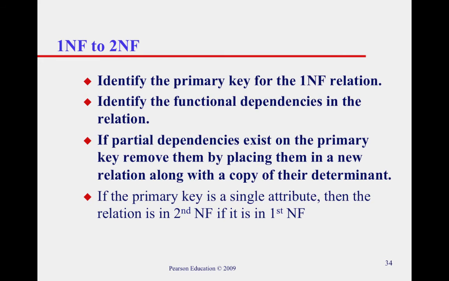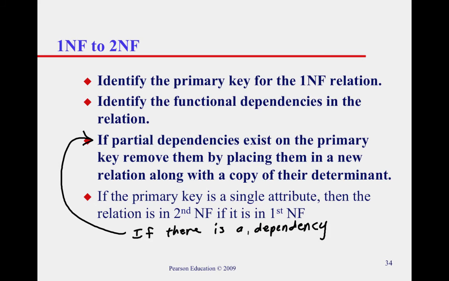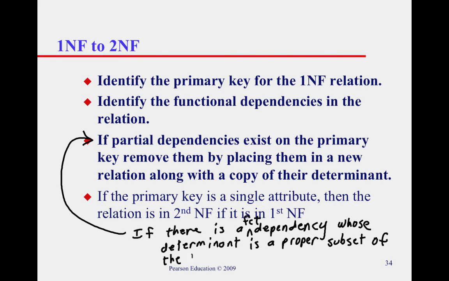If partial dependencies exist on the primary key, so if there is a functional dependency whose determinant is a proper subset of the primary key, then this dependency is a partial dependency.